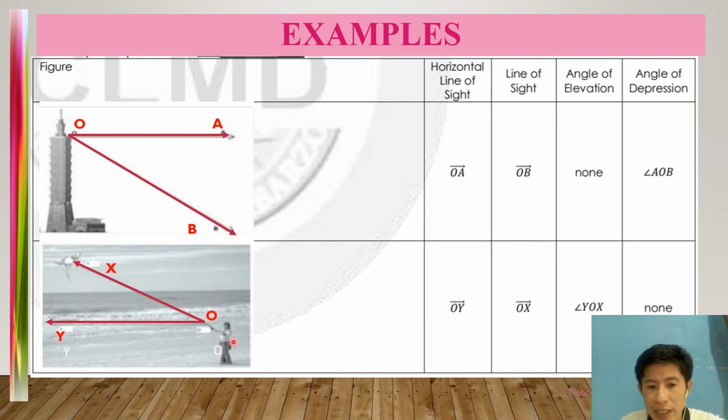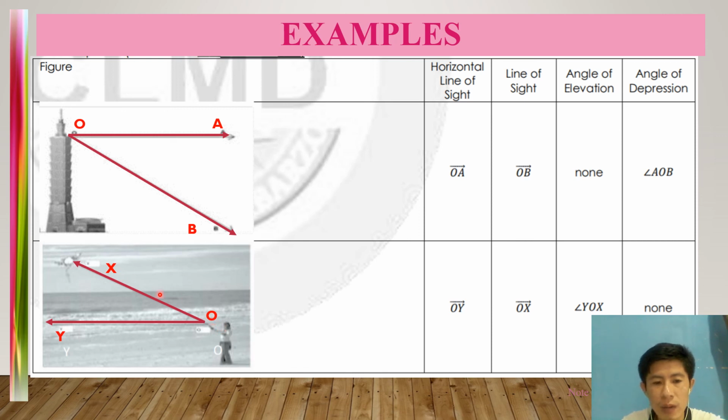Again, lagi tayo magsisimula doon sa may point na mata. So, OY. Kaya siya naging ray OY. Okay? Lagi magsisimula sa mata, ha? OY. Okay. Since eto na yung ating horizontal, automatic, yung isang line dyan, yan ang ating line of sight. So, that is OX.